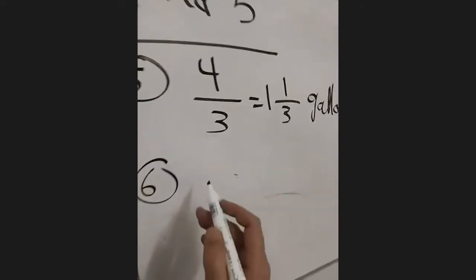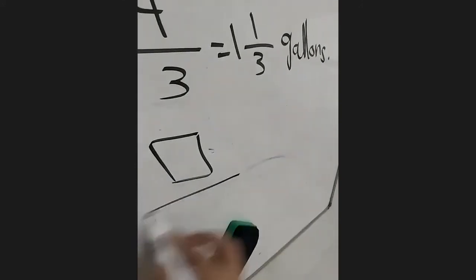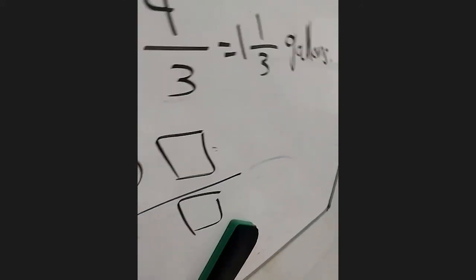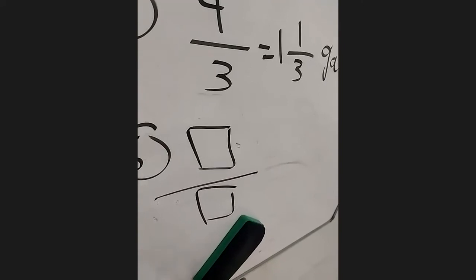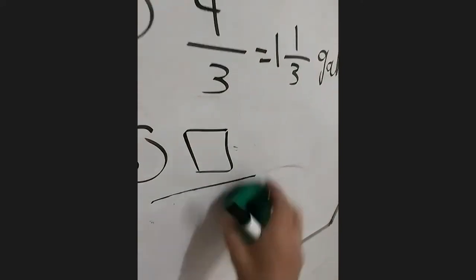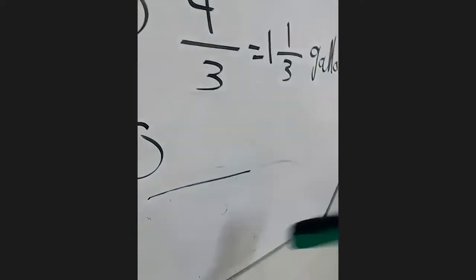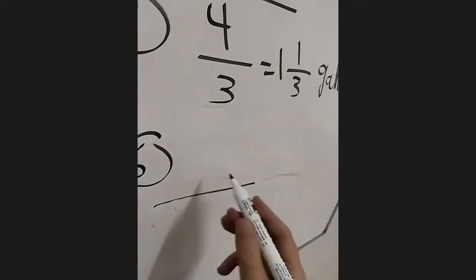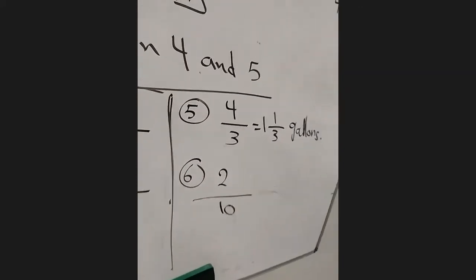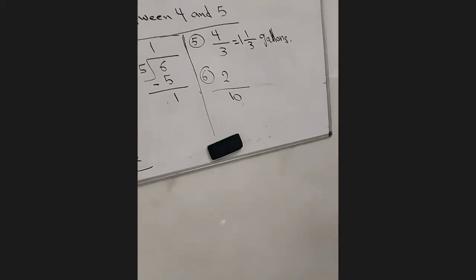Do you know what our fraction is here? 10 over 2. No, 2 over 10. Not 10 over 2. Read the question again. Suzanne made 2 gallons of punch. How much of the punch did each person receive? Okay, so it is 2 over what?